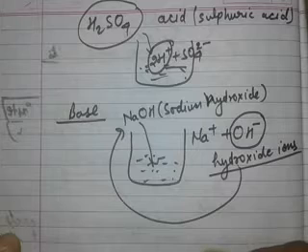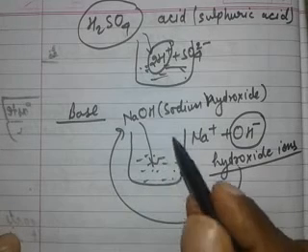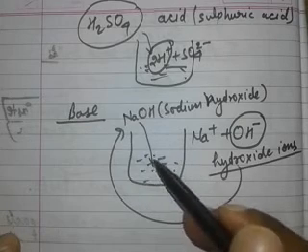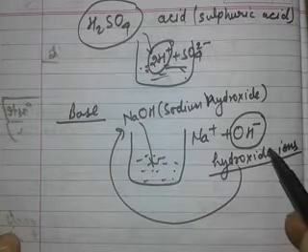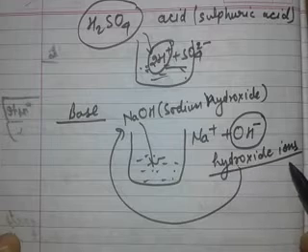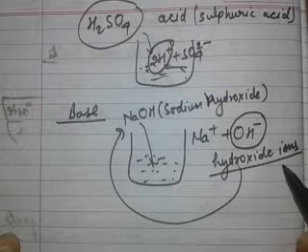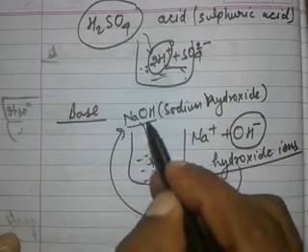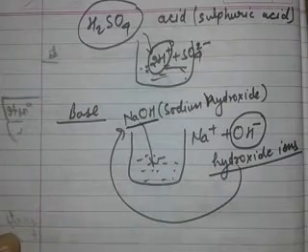So if we put a substance in water and it dissociates and produces hydroxide ions in the water solution, it represents that the substance is a base.